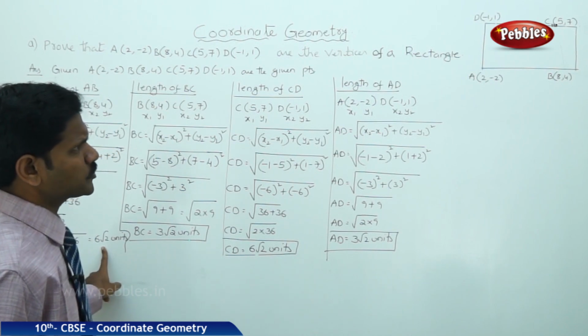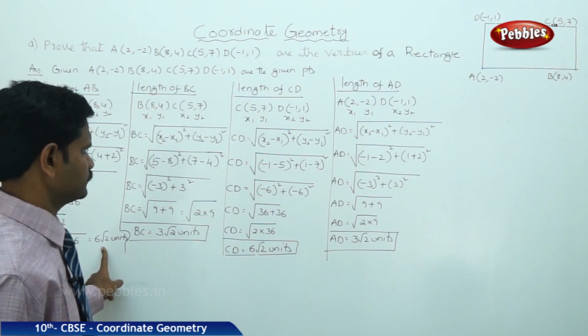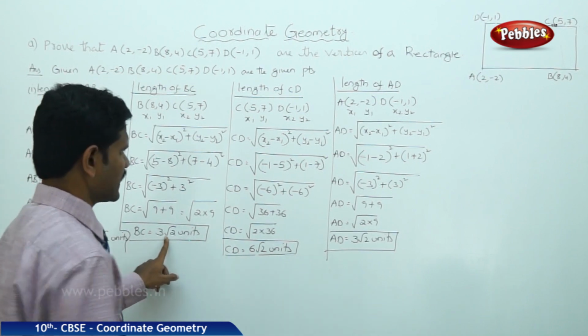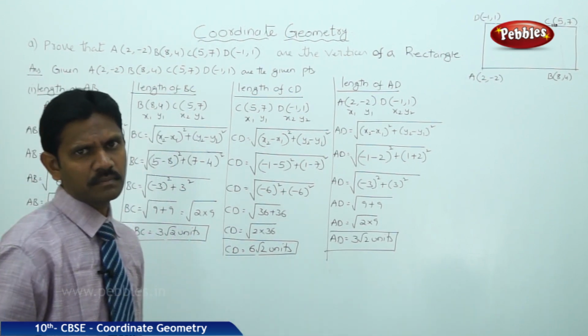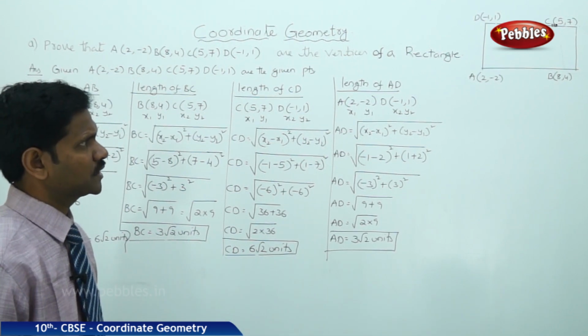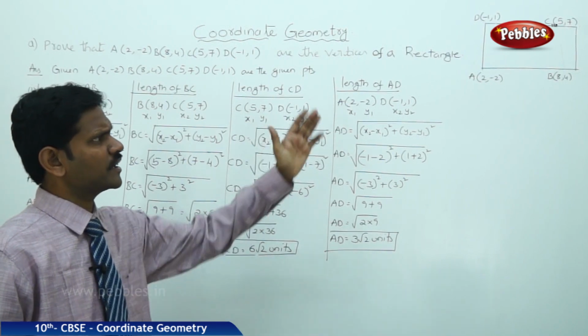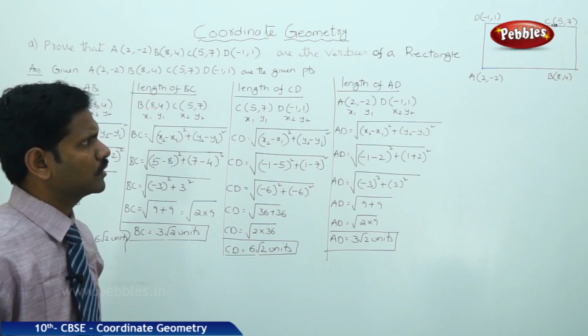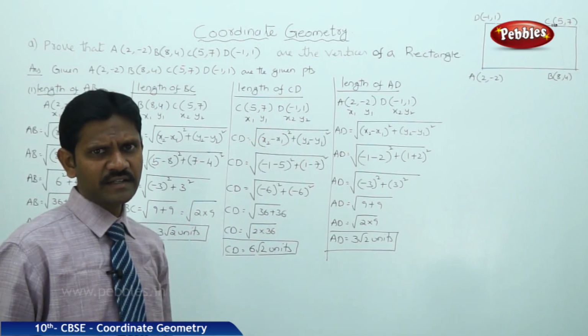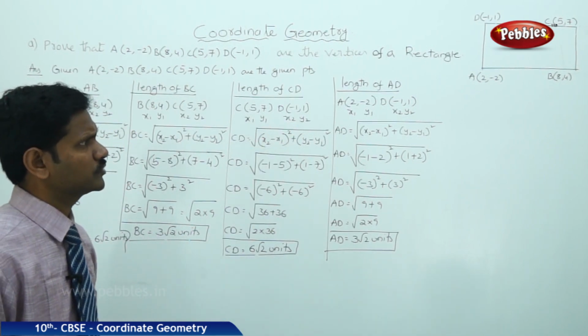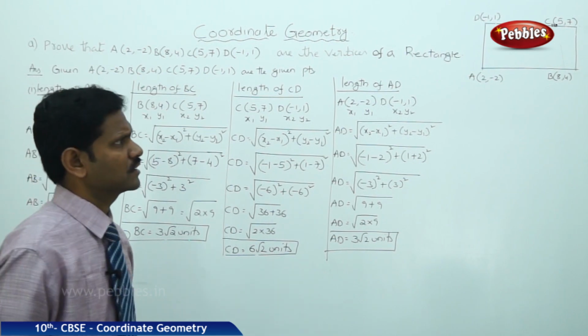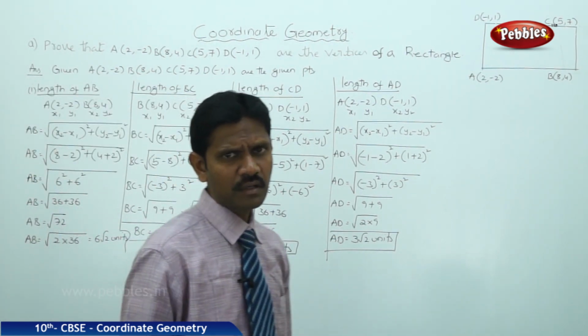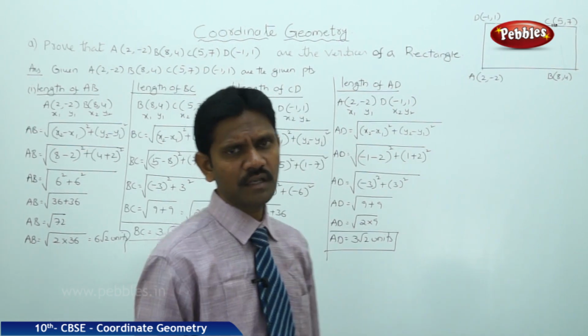Next, opposite side to AD is BC, and BC value and AD value are both the same. That means a quadrilateral in which two pairs of opposite sides are equal. Now to conclude it is a rectangle, we have to do the verification of the diagonals. If diagonals are also equal, then it is called a rectangle.